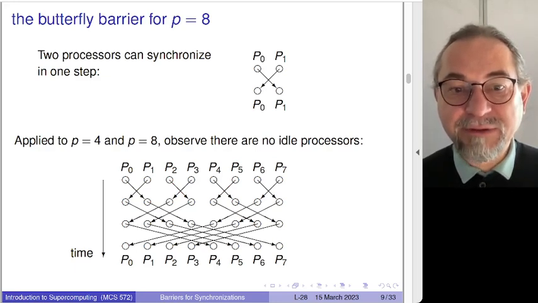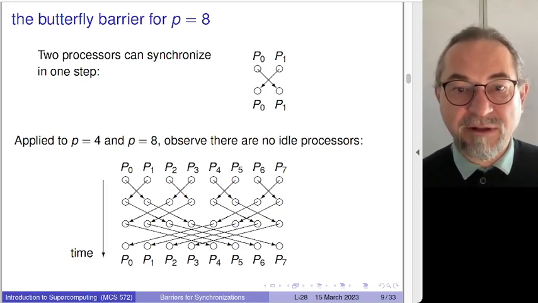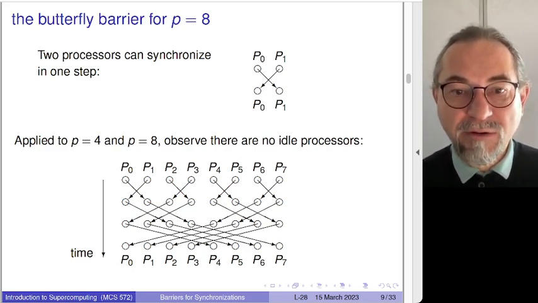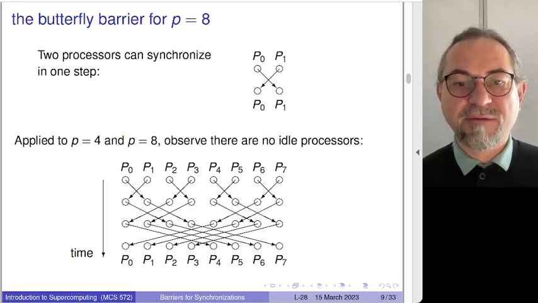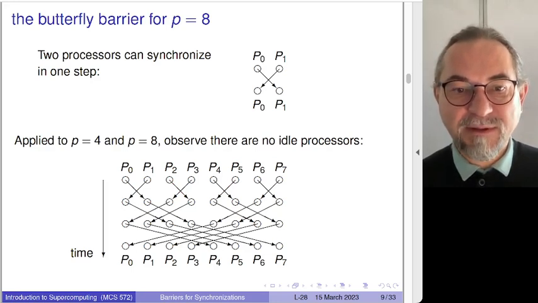And the idea is then generalized also for 8 processors. You can see where the term butterfly comes in, because we have this crossing of the send and receive messages. The punchline is that we are done here in 3 phases, in 3 steps.